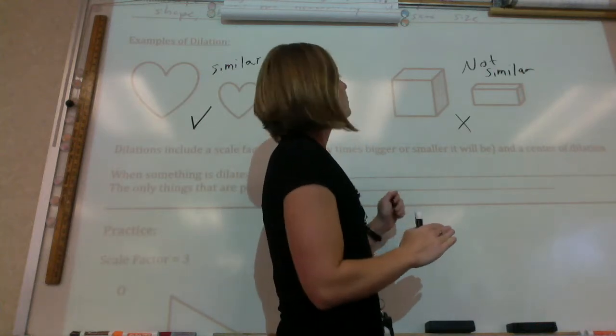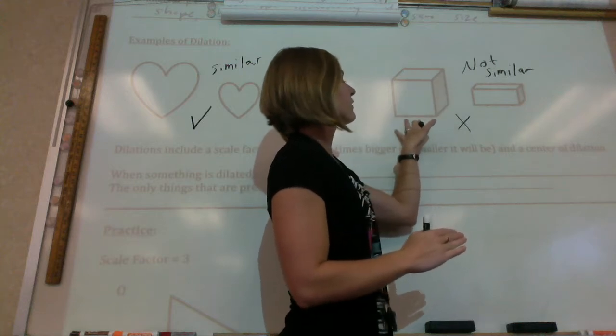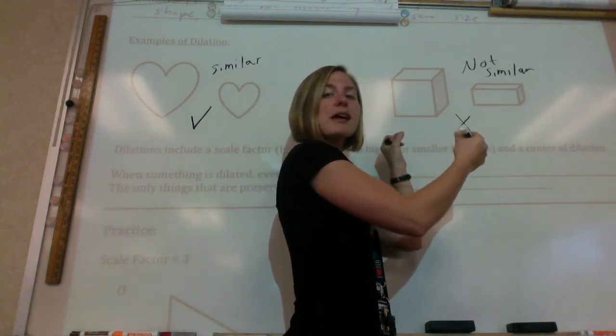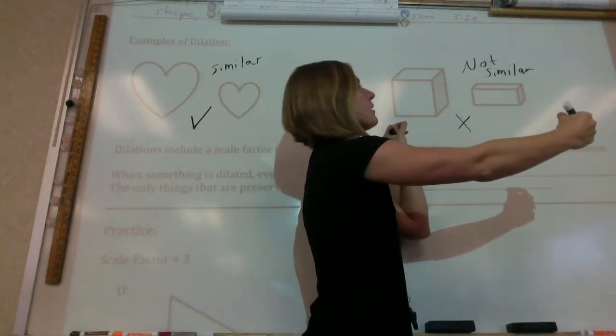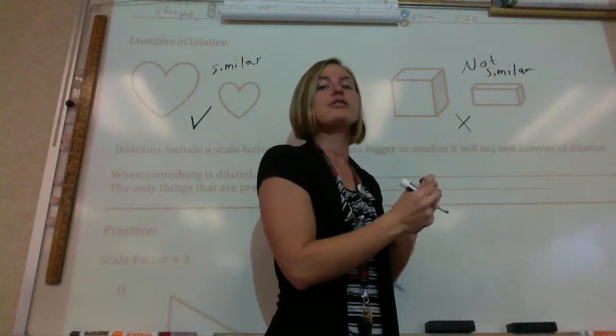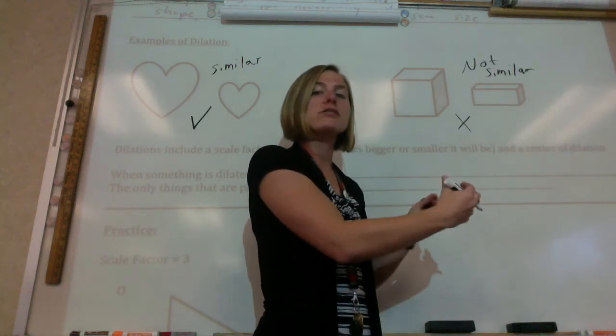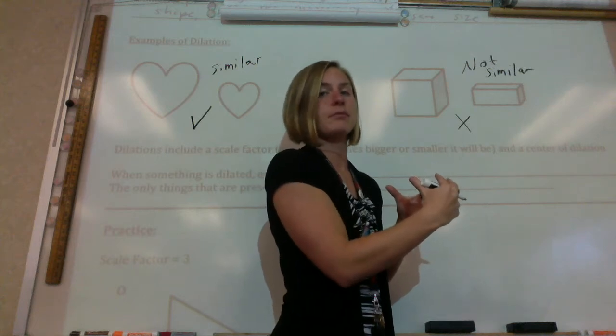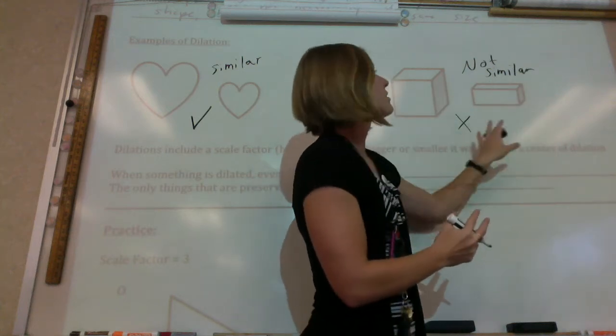And you see this a lot when people are playing around with images, and they'll take not a corner, but just one of the sides and pull it out, and you can get to something like this. But that's not what dilation is. You're not changing only one of the dimensions, you have to change all the dimensions at the same time to scale it up or down. So this is not a dilation.